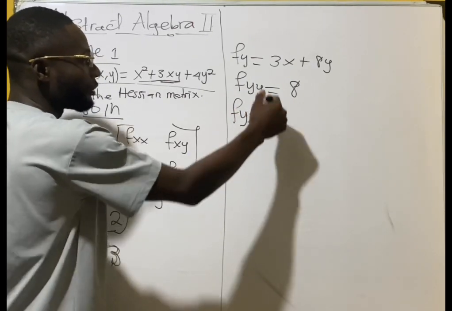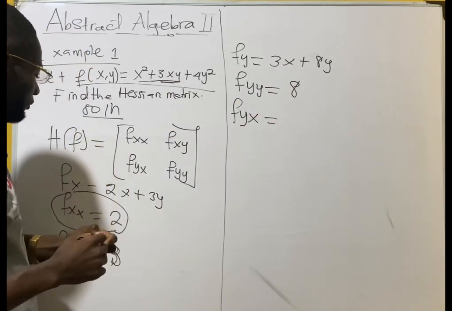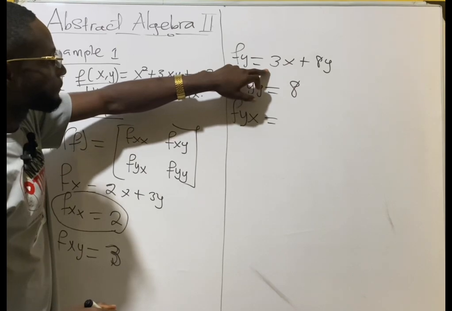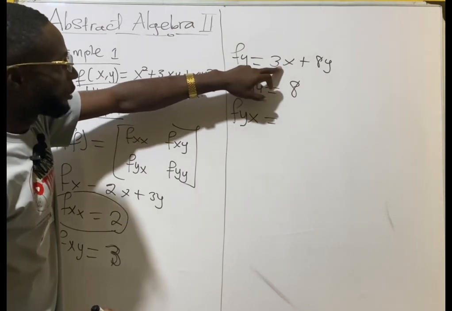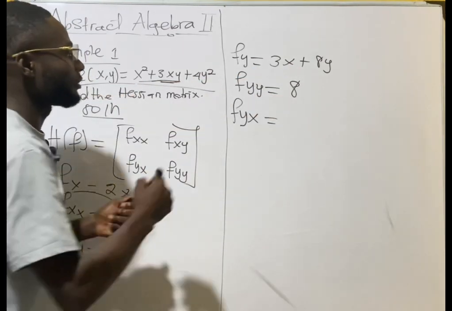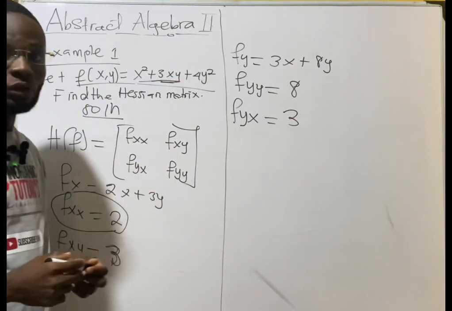Now we differentiate fy with respect to x to get fyx. We are differentiating 3x plus 8y with respect to x, so we're going to have 3 as well.